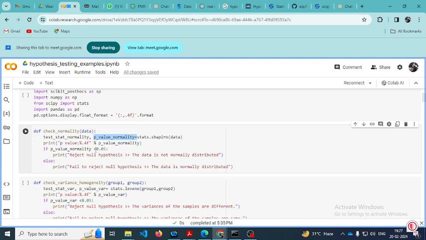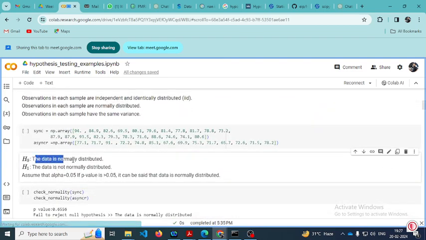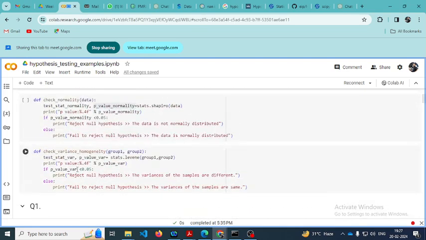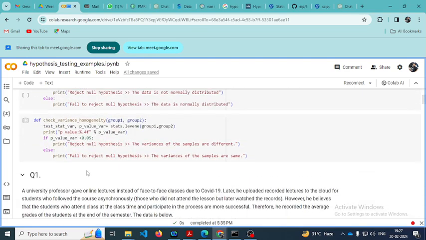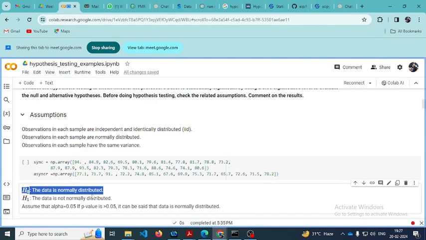Whatever assumption you made for the null hypothesis, initially here you made the assumption that the data is normally distributed in this example. So if your p value is below this level of significance, whatever assumption you have made, this H naught, will be rejected.